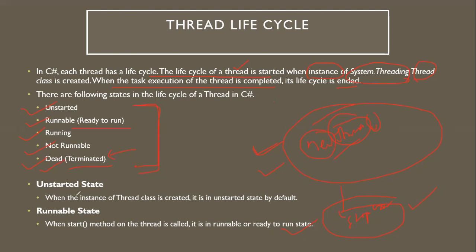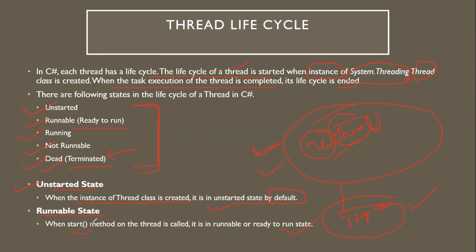So what is the unstarted state? When the instance of the thread class is created, it is unstarted by default. There are certain things which you need to understand. When you create an instance of the thread, we say that it is in an unstarted state by default. What is the runnable state?